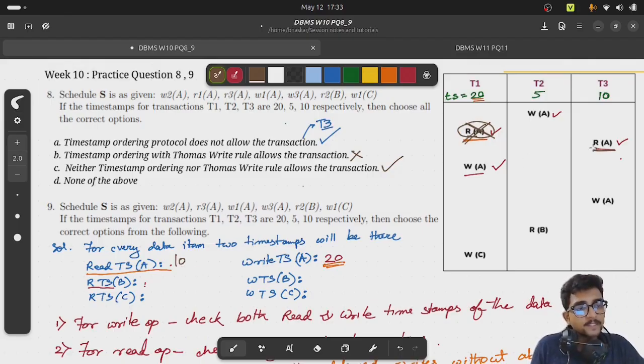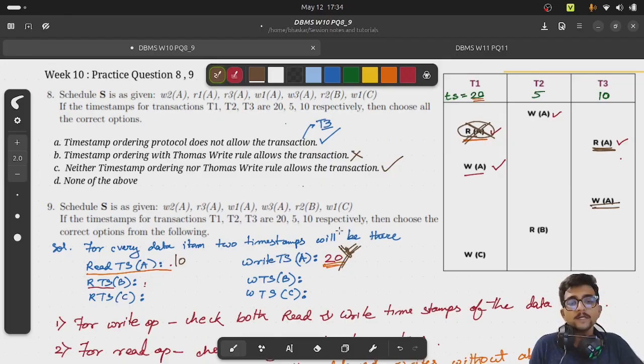So when I am going for this write in such a situation, you see that the normal timestamp ordering will still not allow it, because the write condition will not allow, just because the write timestamp is greater, right?